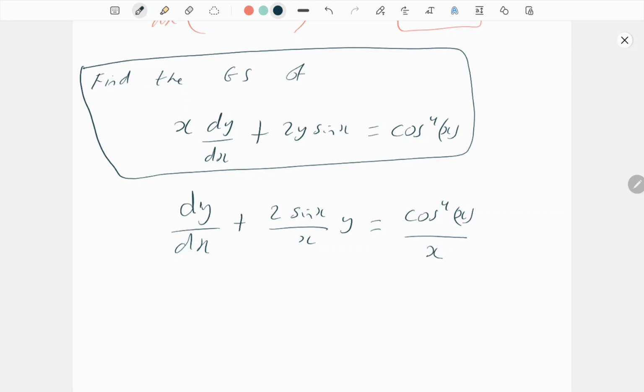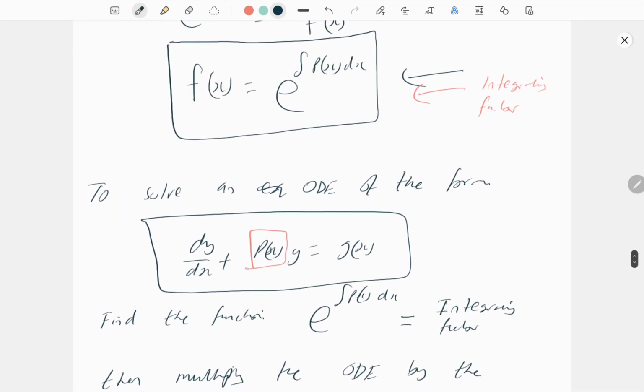So I've divided through by that. So now that it's in the correct form, this function next to the y is like our p of x. This function over here is like our g of x from what we stated above.